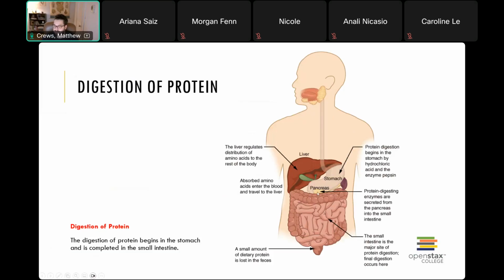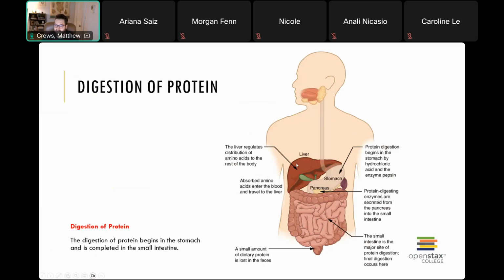Sorry, I'm trying to get my bearings. The small intestine is where protein digestion happens, and then final digestion occurs here. And then we're going to reabsorb it into the small intestine. From there, it's going to get shunted into the portal vein and into the liver, where the liver will regulate the distribution of amino acids to the rest of the body.